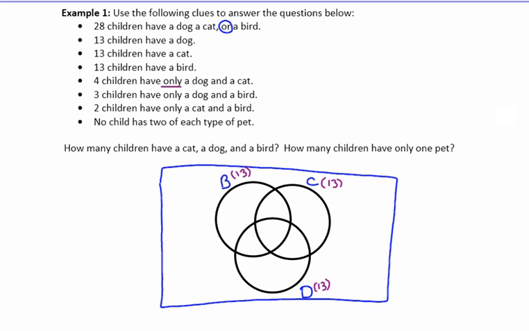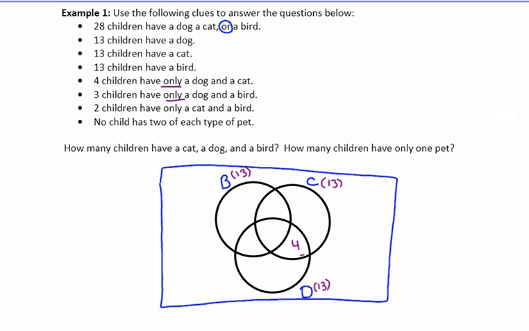Bottom right. So only D and C is down here. See this portion here represents dog and cat, but only dog and cat, that means not all three, there's no bird, would be just this portion right there.